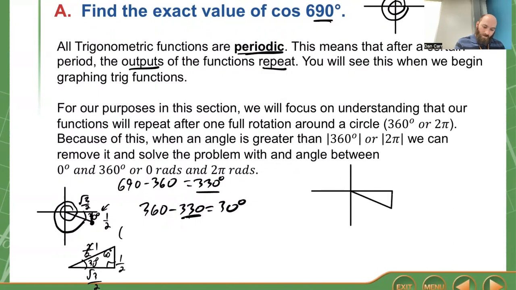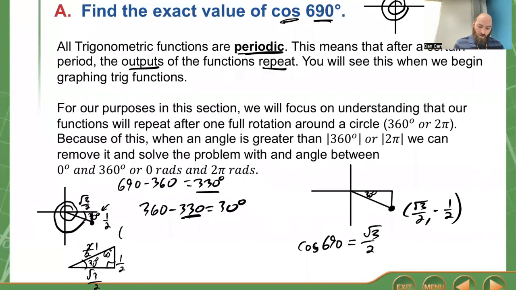Again, this is 30 degrees. This point is going to be root 3 over 2, and then negative 1 over 2. Move to the right and down. So if I want the cosine of that, the cosine of 690 is just going to equal root 3 over 2, because remember, it's cosine theta, sine theta.